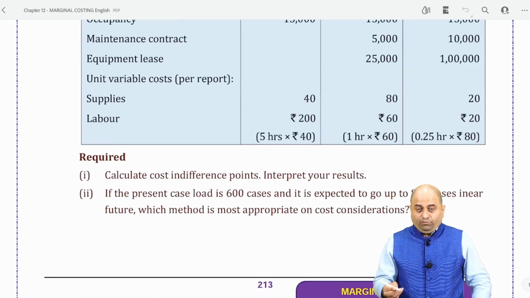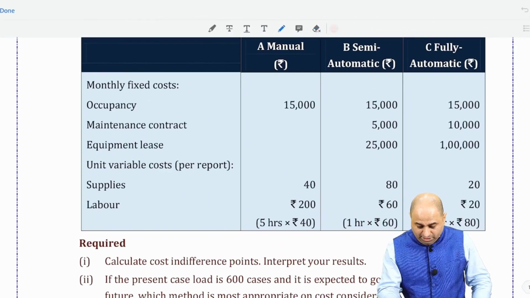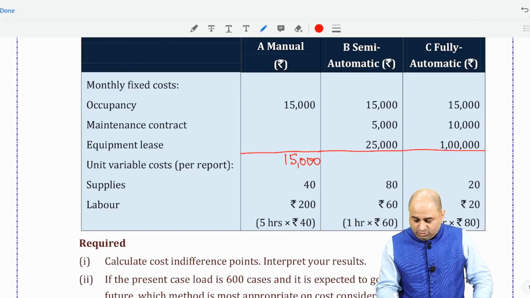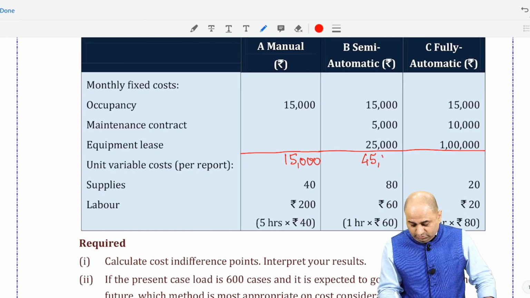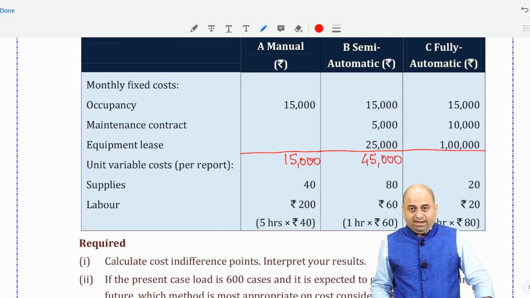For example, if I want to calculate indifference point between part A and part B, your total fixed cost is 15,000. Total variable cost is 25 plus 15, 40 plus 5, 45,000. I'm just talking about A and B at present.